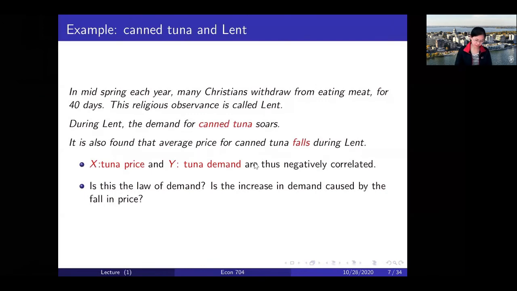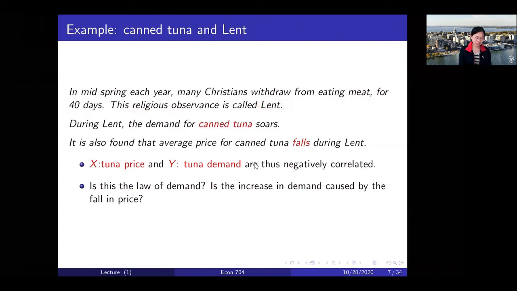Maybe to beat the dead horse, let me give you a couple of examples to illustrate why correlation doesn't mean causation. For example, in mid-spring every year, many Christians withdraw from eating meat. That's a tradition for 40 days, and this religious practice is called Lent.